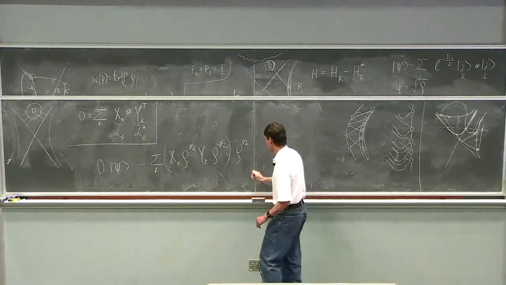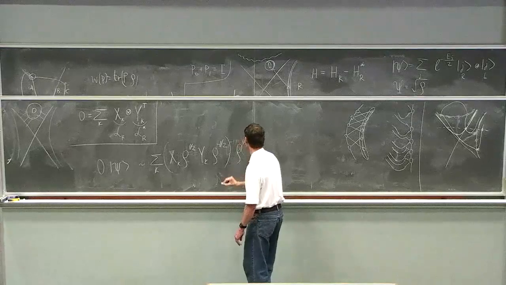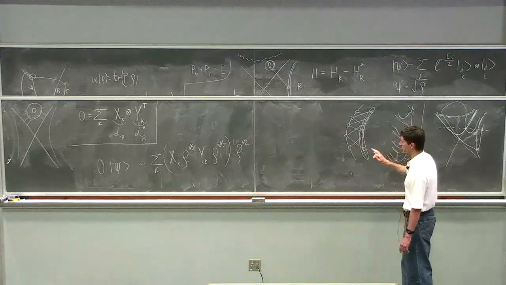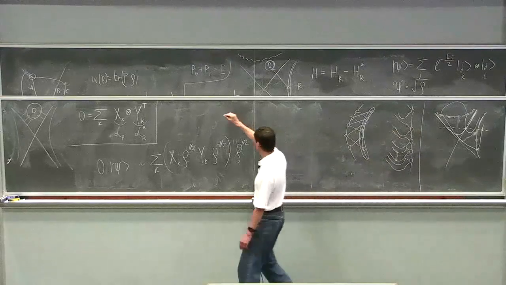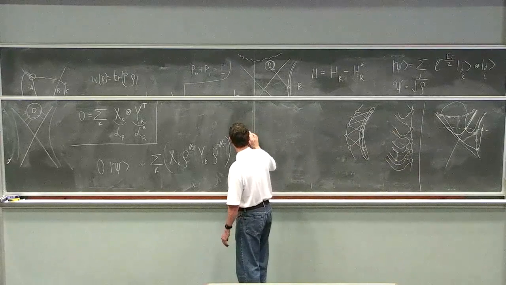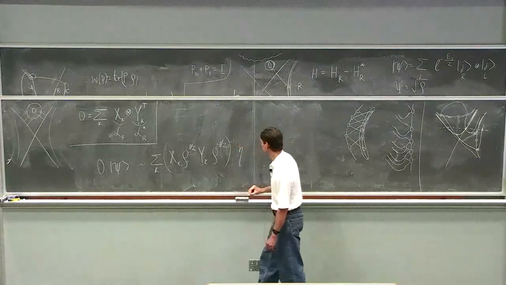Now, this rho to the 1/2 is actually altered. It's altered by the operator U. So let me write eta instead.